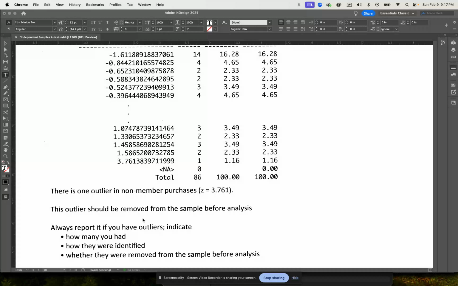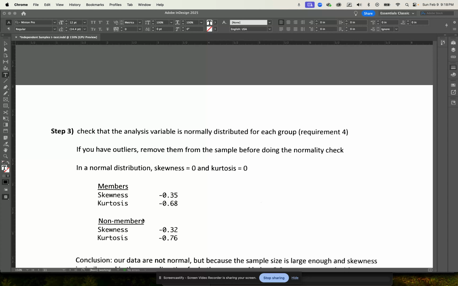So step 3 would be to make sure that our analysis variable is normally distributed. And recall that I said that real data out in the real world is usually not going to be normally distributed, so we're just going to look at skewness, whether it's in the same direction and if it's about the same value.